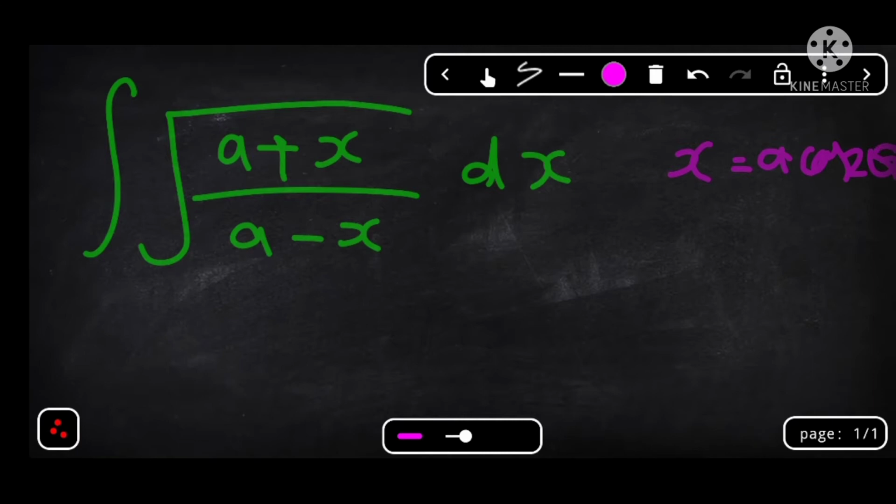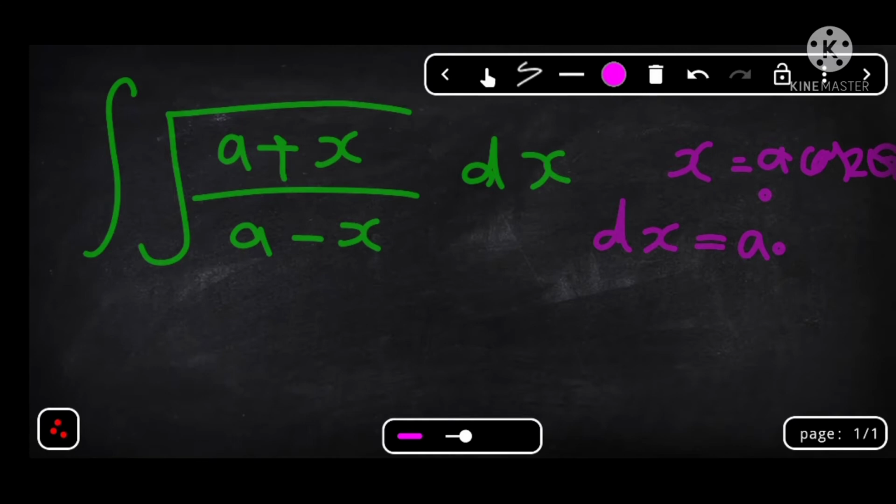Okay, keep that in mind. Most of the problems will follow the same procedure. Okay, if we take the dx of this one, it will be d by... if we take the differentiation of a, it is a itself. Now what is differentiation of cos 2 theta?